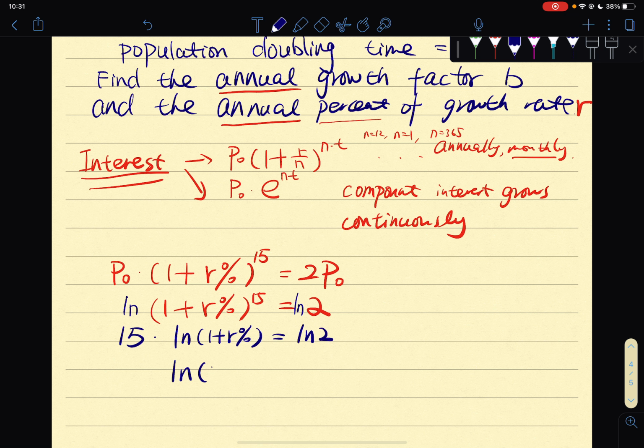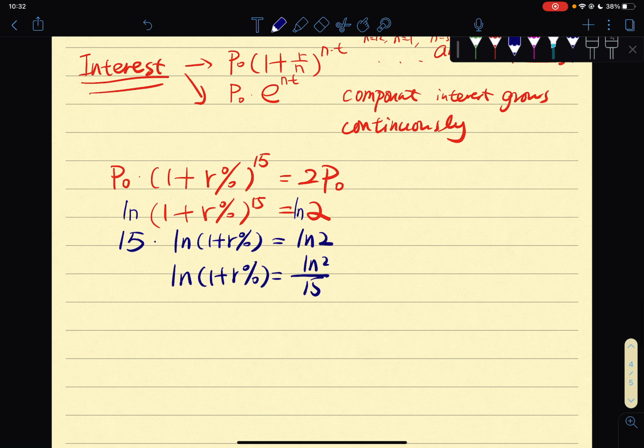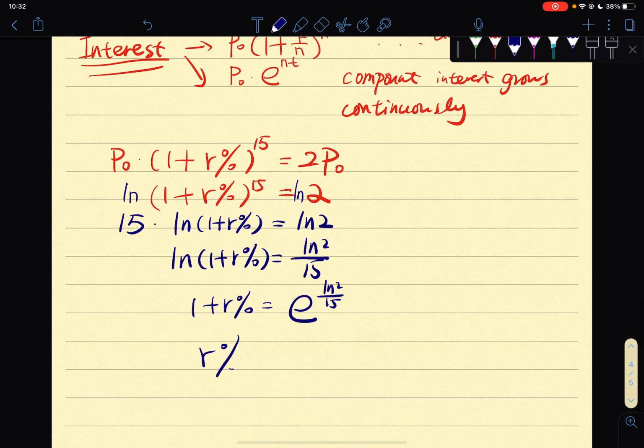So the natural log of 1 plus r% is ln 2 over 15. So what are you looking for? You're looking for the input of a log structure. Therefore, 1 plus r% is e to the power of ln 2 over 15. So what's my r%? My r% is e to the ln 2 over 15 minus 1.